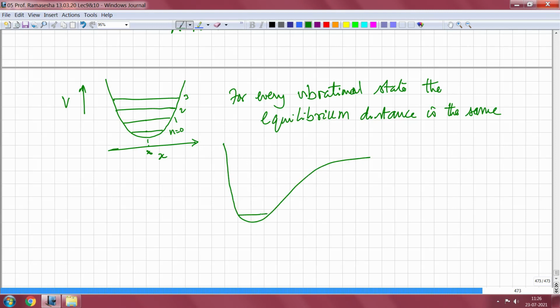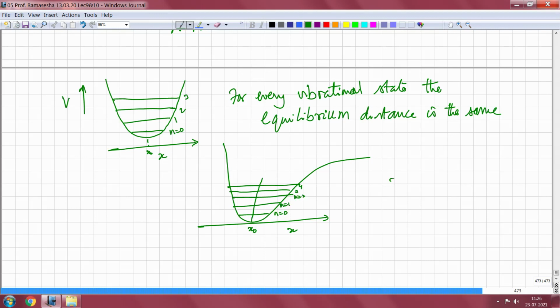So that as you increase the quantum number, the equilibrium distance, so if I say this is x naught versus x, this is n equal to 0, n equal to 1, n equal to 2, 3, 4.